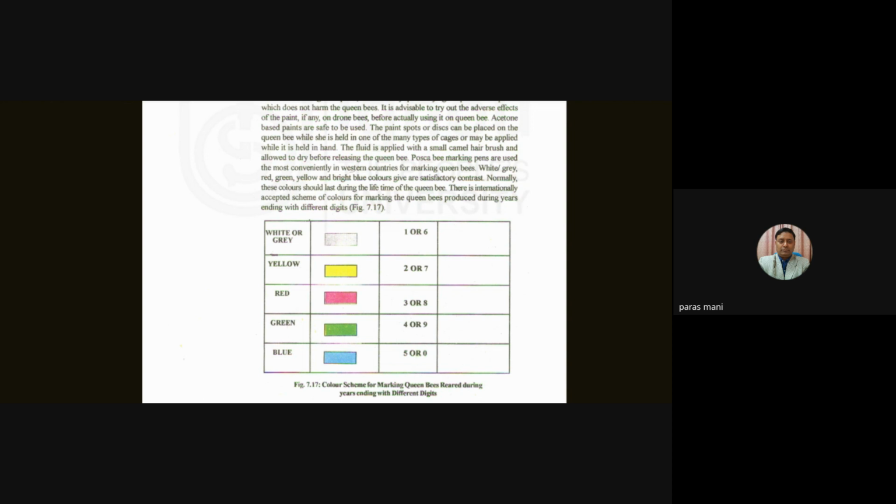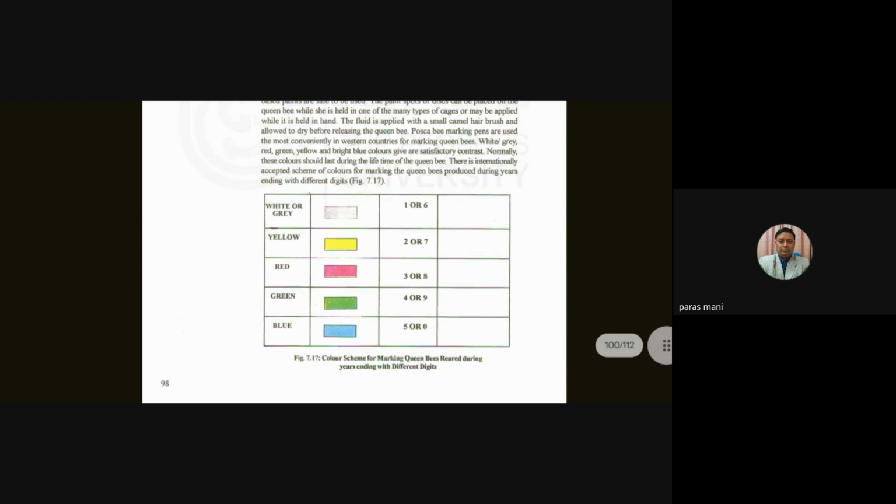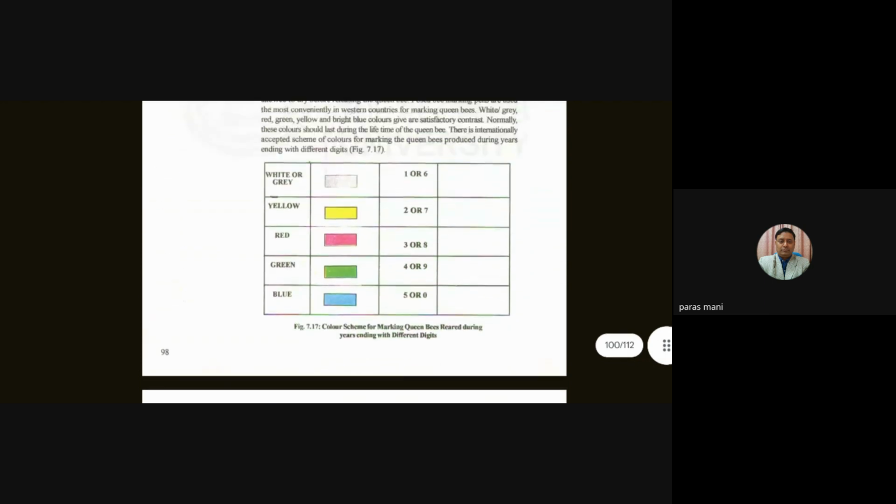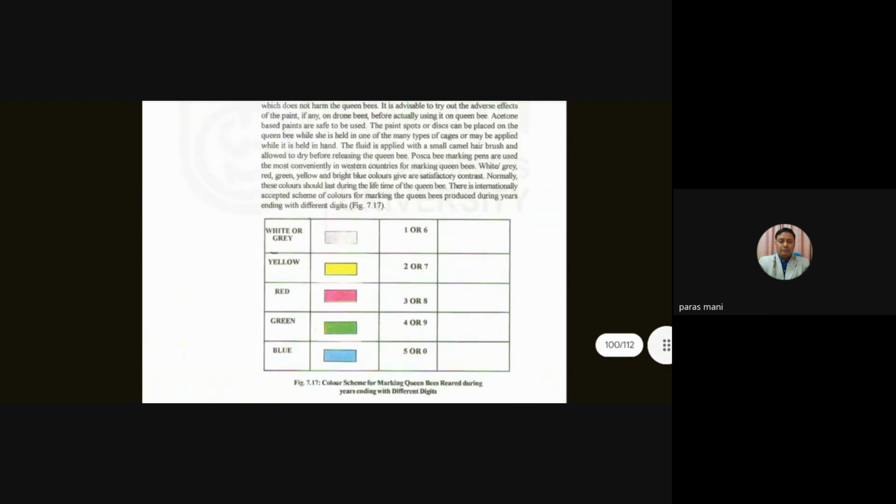If we introduced it in 2020, that will be marked with blue color. So that whenever you see the queen bee, you can identify its age very easily.